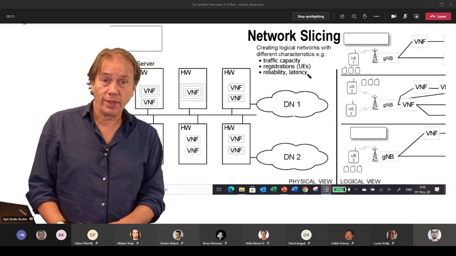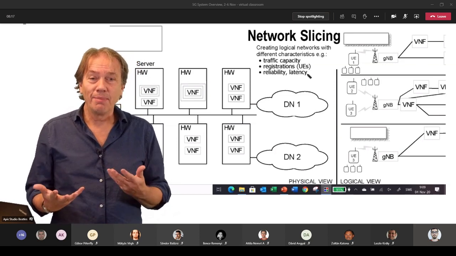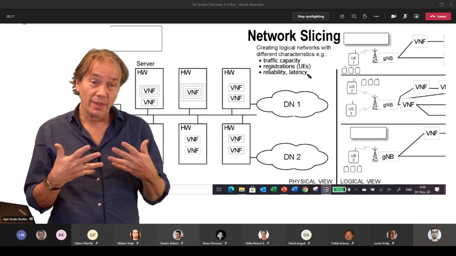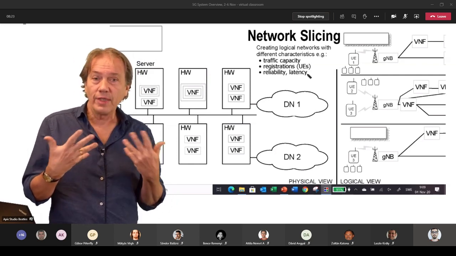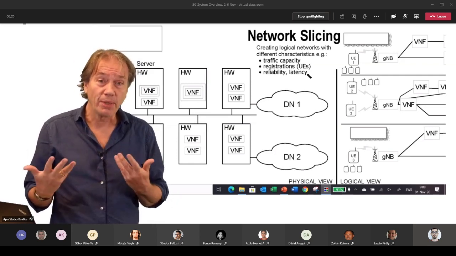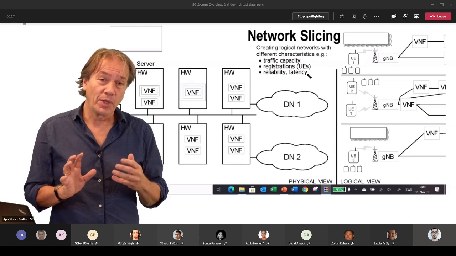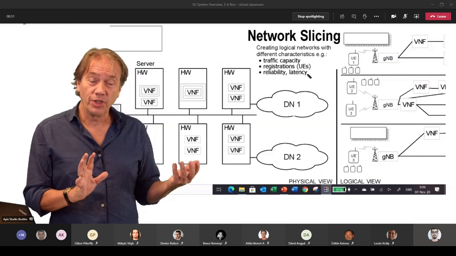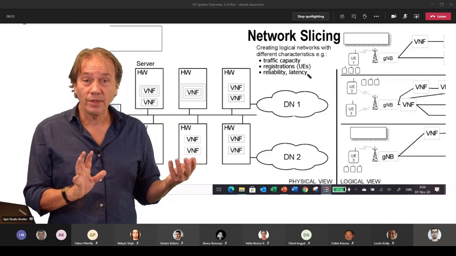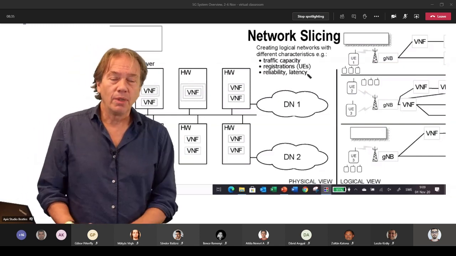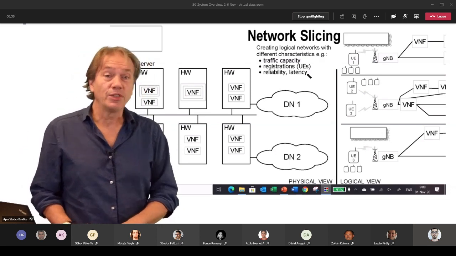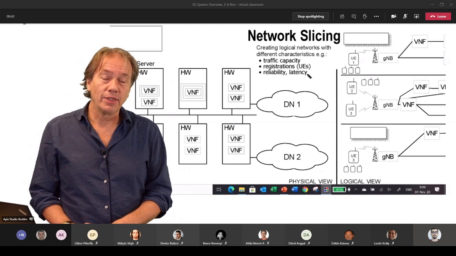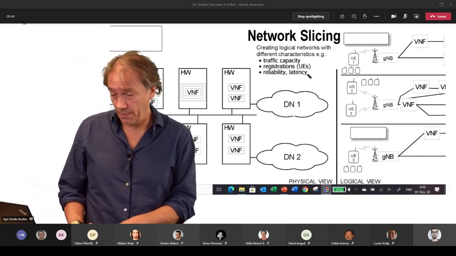Actually, URLLC, ultra reliable and low latency communication, it's really a combination of two things. And it's not necessarily always the same thing, because something can require high reliability, but not necessarily low latency, and vice versa. So that use case, URLLC, it's really a combination of two different things.